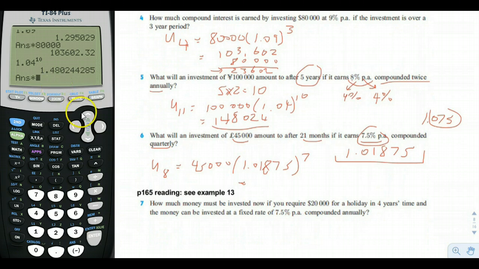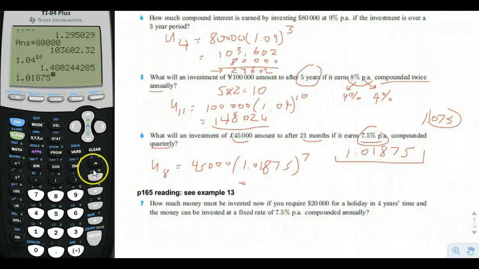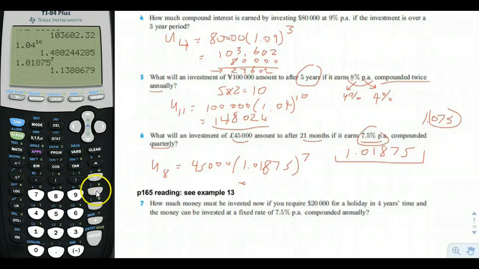So let's see, 1.01875 to the power of 7. And then I multiply that times 45,000.